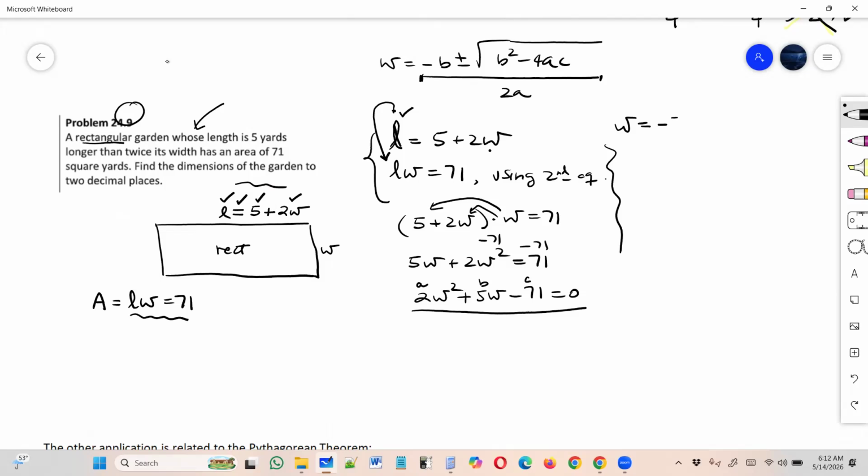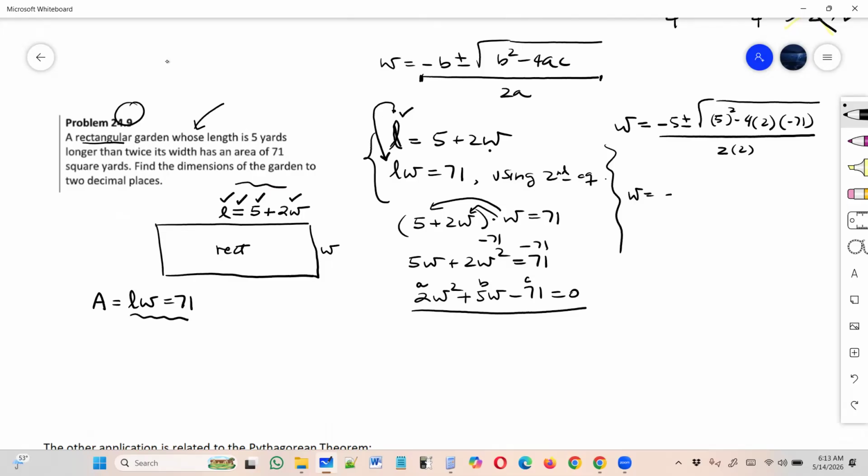So minus 5 plus or minus, and you'll see in this case, I'm hoping that the radical is not going to be a perfect square. Plus or minus the square root of b squared, so 5 squared, minus 4 times a times c, negative 71. Everything over 2a, 2 times 2.